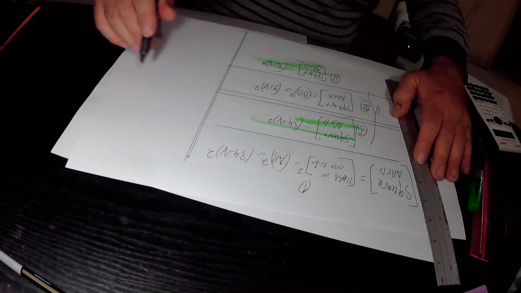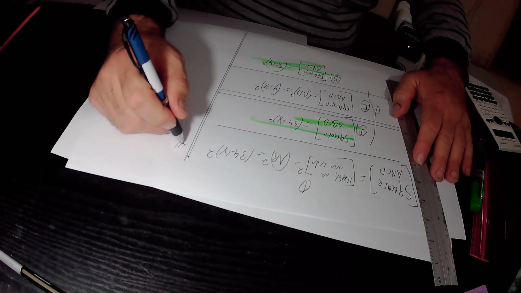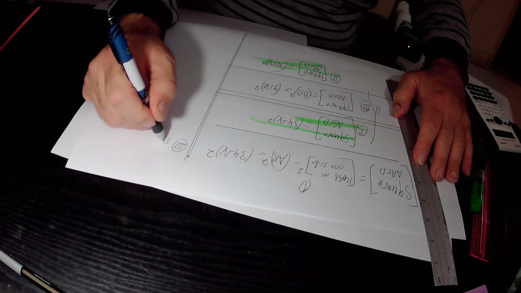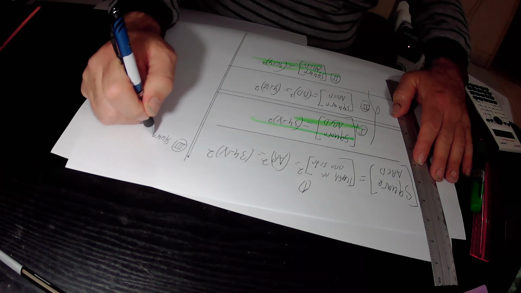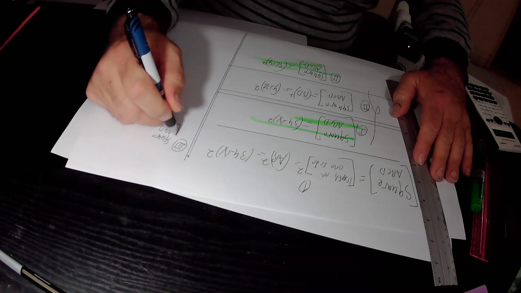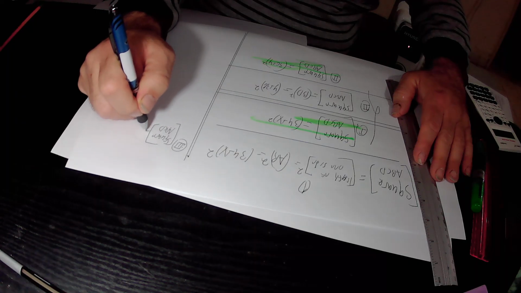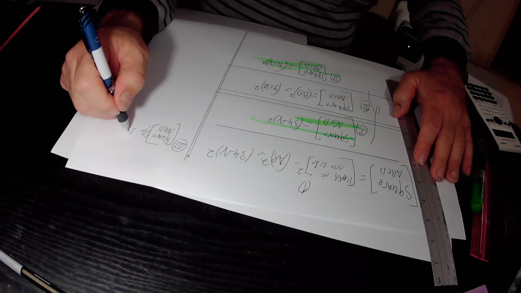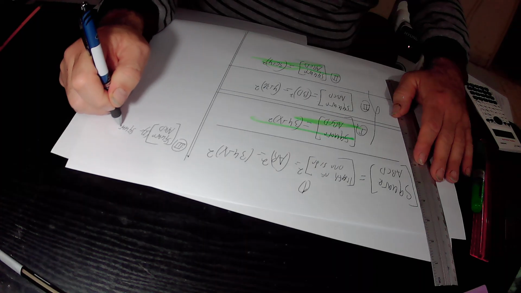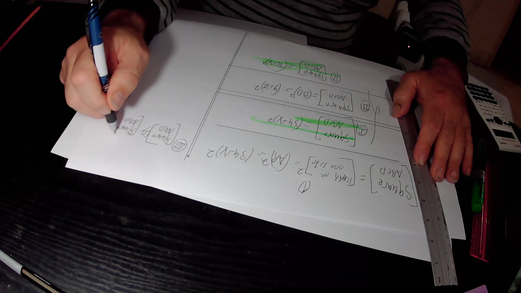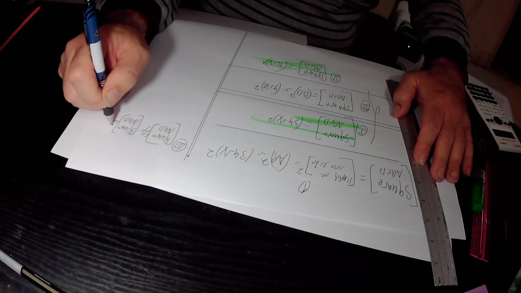Therefore, we will create equation 3, which states that the area of square ABCD according to the first method of calculation must be equal to the area of the same square ABCD according to the second method of calculation. Very simple equation.